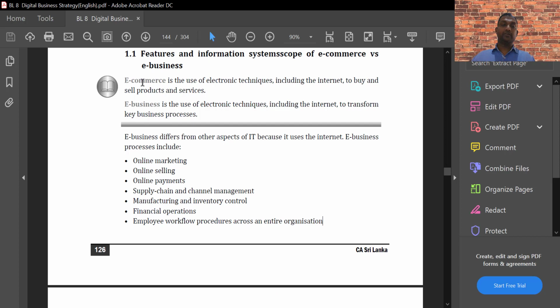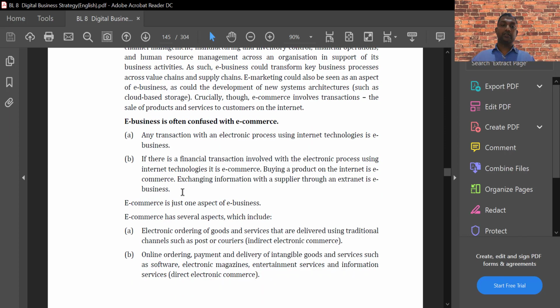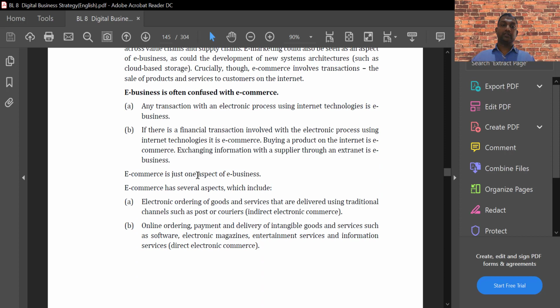So e-commerce can be a subset of e-business, among other things. Even the textbook is saying these can be confused with each other. So e-commerce is just one aspect of e-business. E-commerce has several aspects: electronic ordering of goods and services, online ordering, payment and delivery of intangible goods.